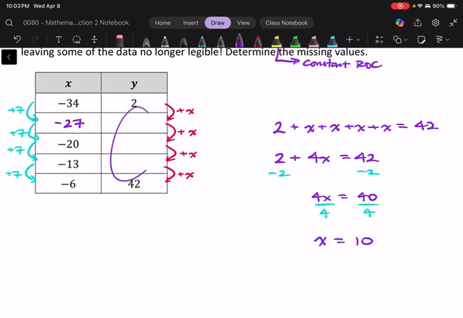And now we can fill in all these values. So 2 plus 10 is 12. 12 plus 10 is 22. 22 plus 10 is 32. And just finally checking that my answer actually makes sense. Make sure it works to the end as well. 32 plus 10 gives us the 42. So we must have done something correctly.